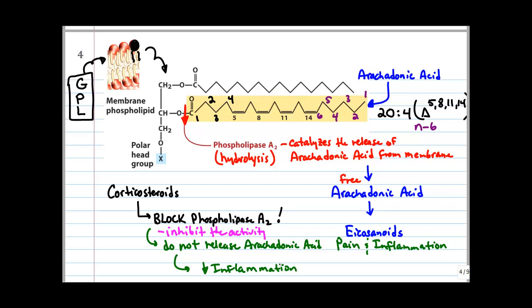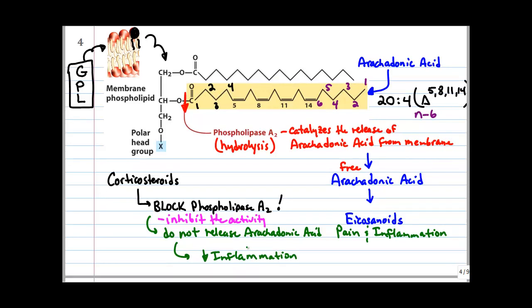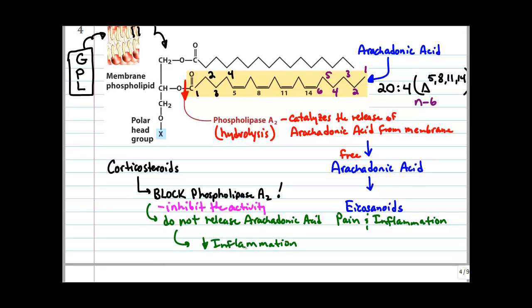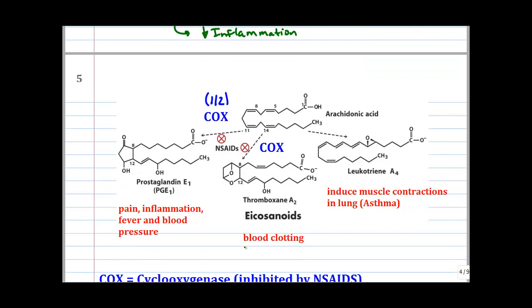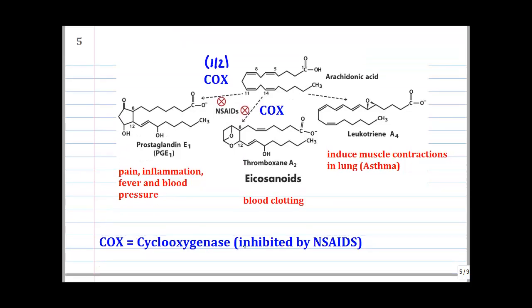Well, we know long-term use of steroids to treat inflammation has been shown to be somewhat problematic, and I think even the new steroids available, we just don't know. You still have to be careful how long you take these and how often you take them. So there was a big effort years and years ago to try to develop a new type of pain relieving molecule that relieves pain and inflammation.